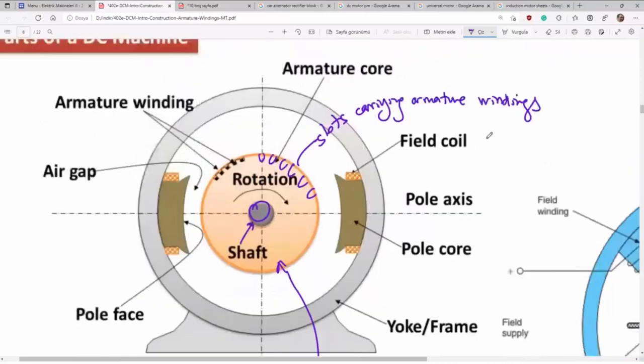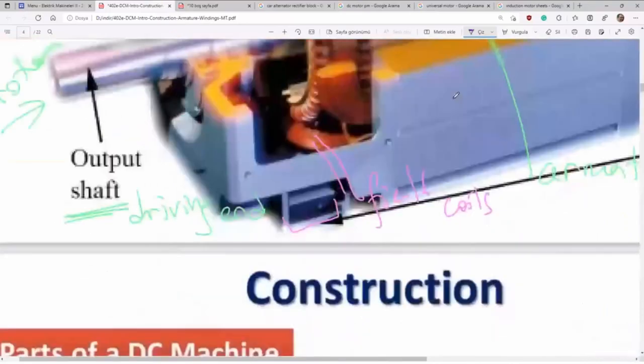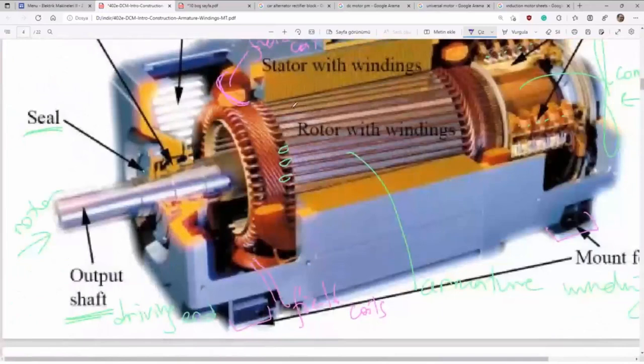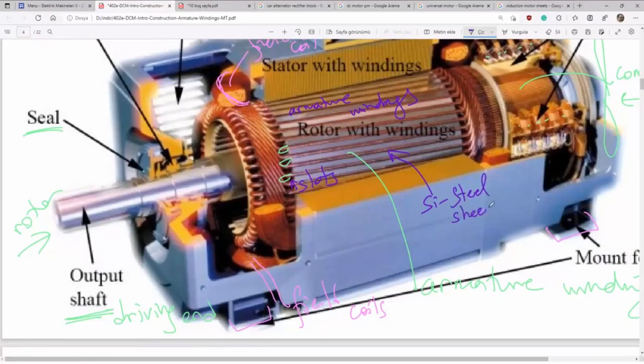There are some windings we have already seen here. Here you see armature windings. Here are slots. Rotor again made of silicon steel sheet material. Made of silicon steel sheet pack.